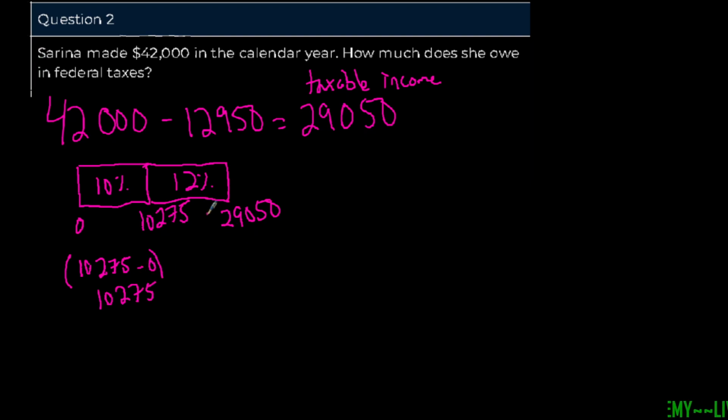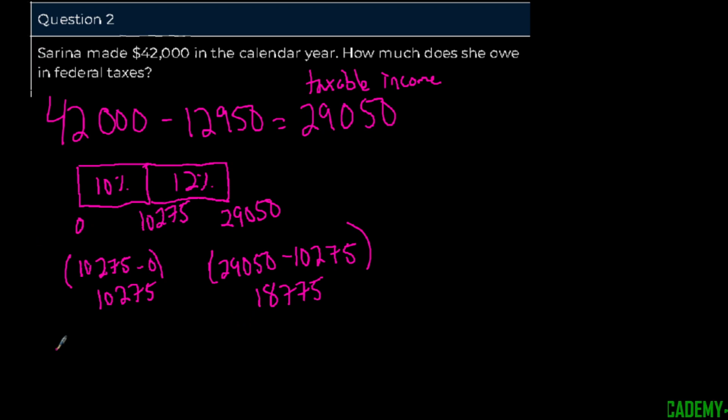Well, it's because I have to take 10% of this number, and I have to subtract these two because that's what the remaining amount is. So that's what I'm going to do right here. Same kind of deal: I'm going to take 29,050 minus 10,275. Subtract those two, and I get 18,775.